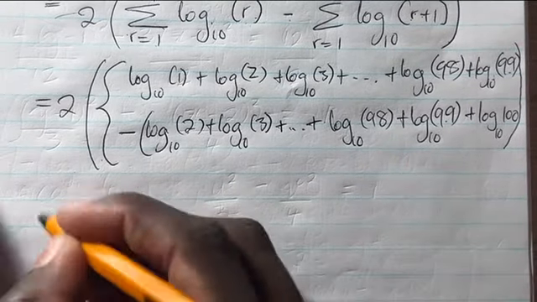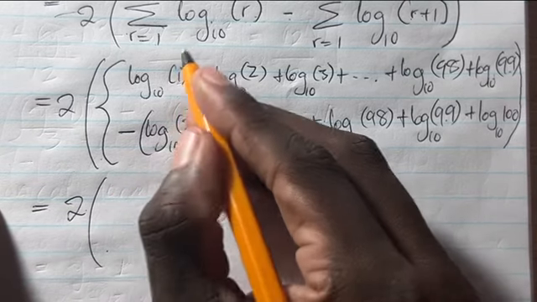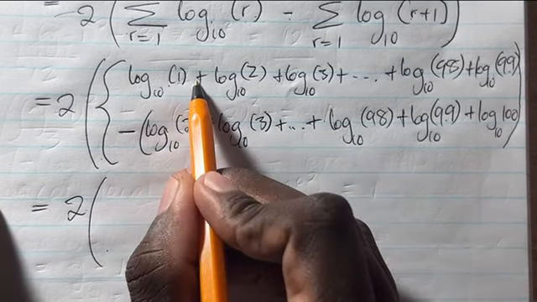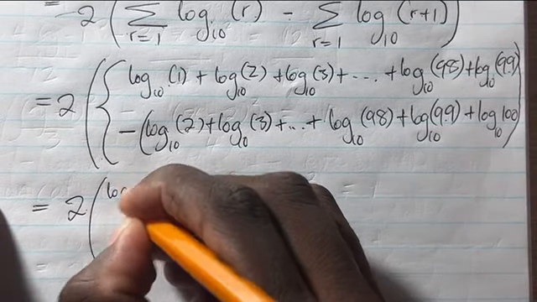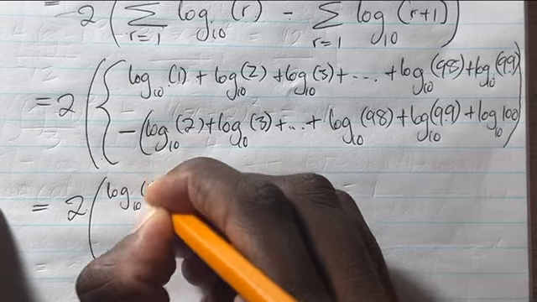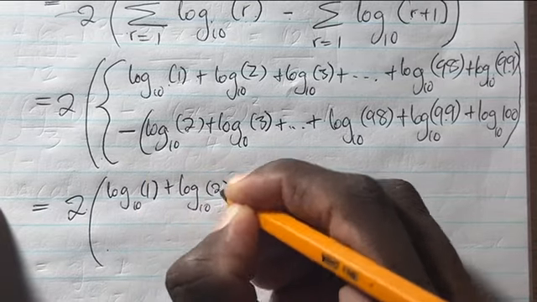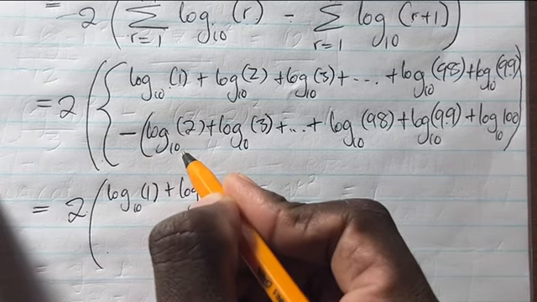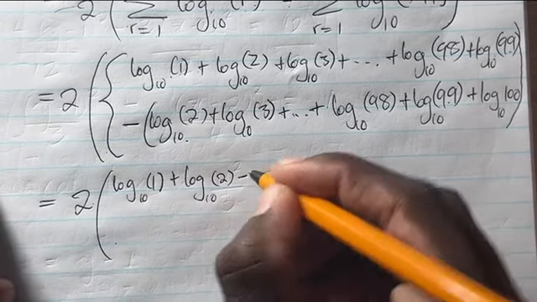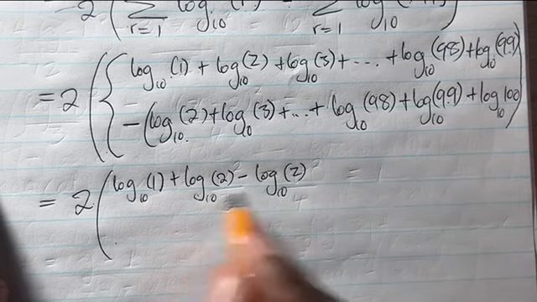Now, what you see is, you got the 2 into this log base 10 of 1. There's nothing that's another log base 10 of 1 here. So you get log base 10 of 1, plus we got a log base 10 of 2. We have this negative log base 10 of 2 as well here, so you can just write that as negative log base 10 of 2 subtracting from this guy.